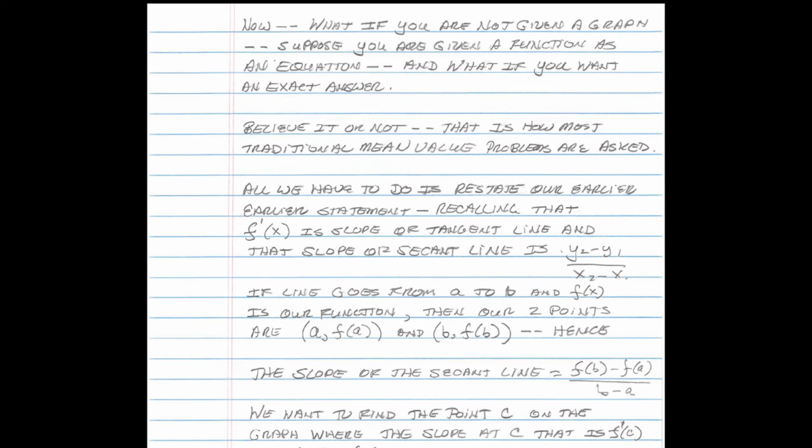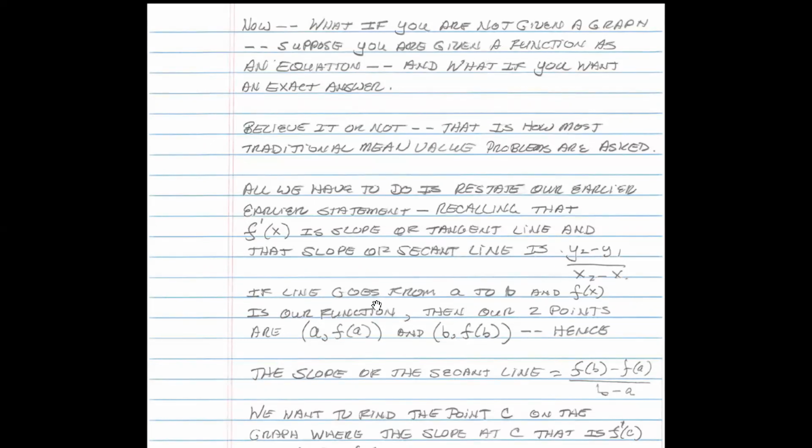Well, first, let's remember, we're talking about slope. What is slope anyway? The slope of a straight line. Slope of a straight line is y2 minus y1 over x2 minus x1. Okay? So that's slope.